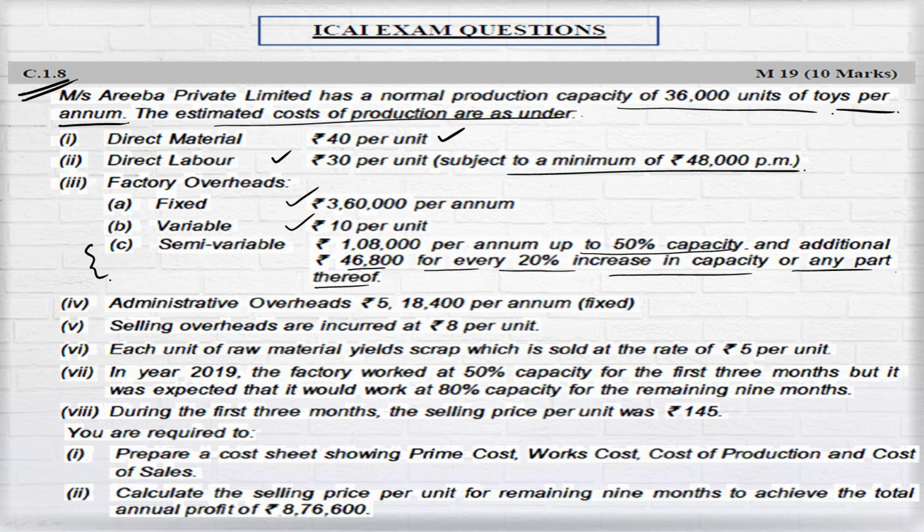This is somewhat difficult portion. Administrative overhead is 5,18,400 per annum, which is fixed. Selling overhead are incurred at rupees 8 per unit. Each unit of raw material yields a scrap which is sold at a rate of 5 per unit.